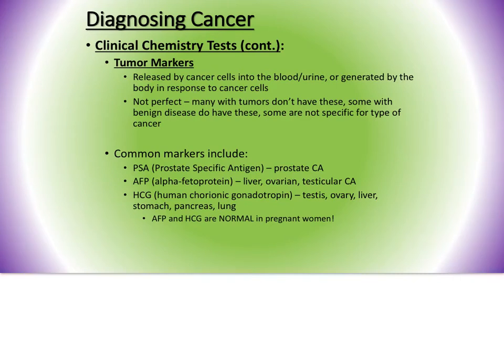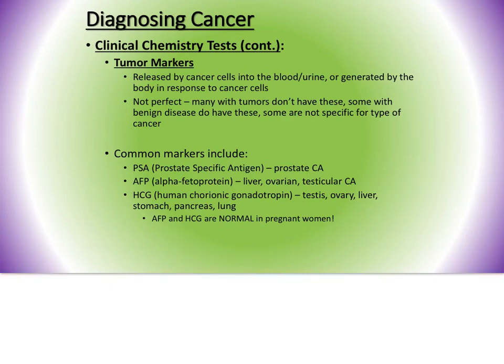But it actually is not a real perfect test. A lot of people who do have a tumor don't really have tumor markers, and some people who don't have cancer and have more of a benign disease will have tumor markers in their body. So these are chemicals that will show up if you have a type of cancer, but sometimes they show up for other reasons too.